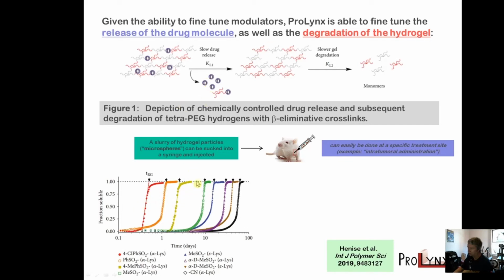So what this is really doing is not following the first step up here. It's more like the degradation of the hydrogel into the monomers. You can see, for example, the red one, 4-chlorophenyl sulfone, it degrades and then it's completely dissolved, right? And TRG, I think, was the time of reverse gelation, I think is the name they used.